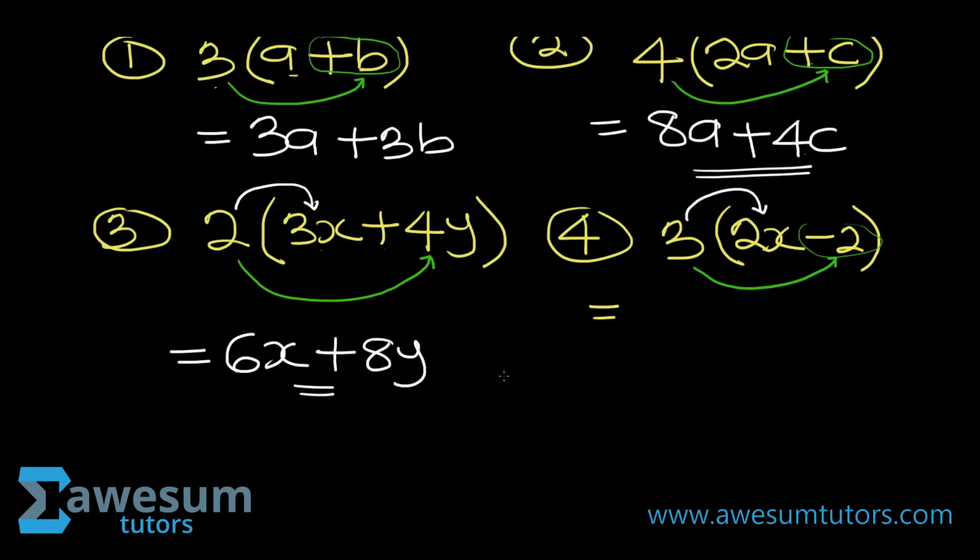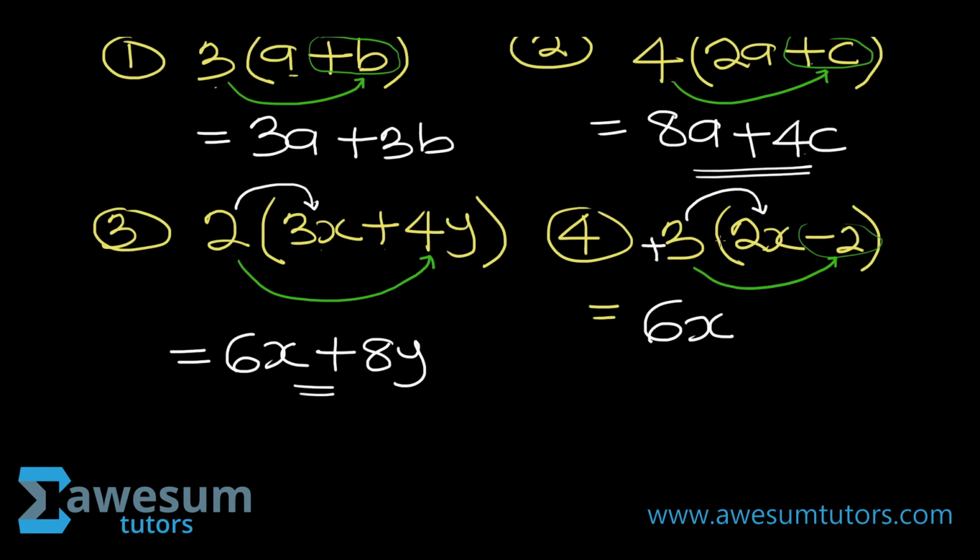Now what you need to do right here is this one has a negative sign. I want us to use the concept we talked about before, that when you multiply like signs it gives you positive, and when you multiply unlike signs it gives you negative. So pretty much we have been using it from question 1 to 3. Now let us take a look at this one that involves a negative sign. 3 times 2x, that is 6x, and you know that 6x means plus 6x, that's positive 6x, because this 3 has an invisible plus right here.